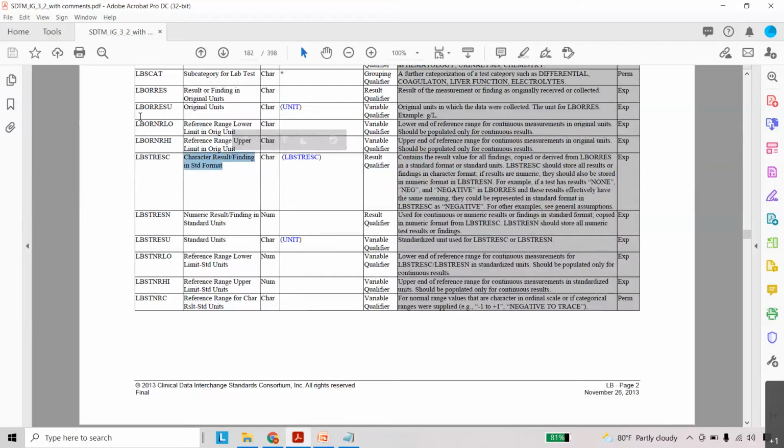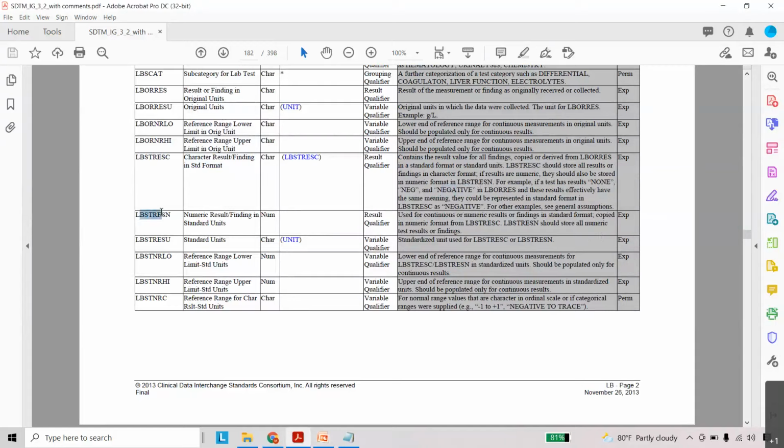So OR means original, ST means standard results. And the values we can see for the standard results are like absent, present, negative, based on the test. If any test demands character results, we can see these results here.